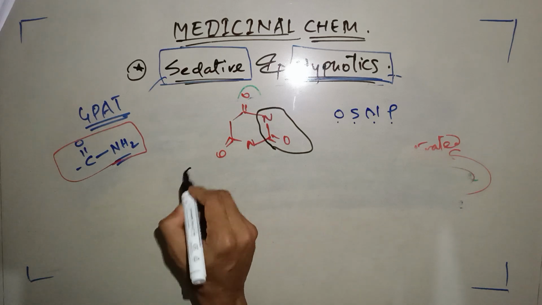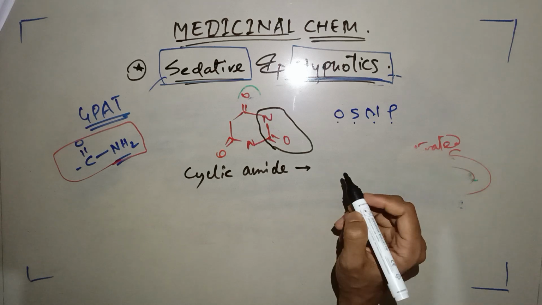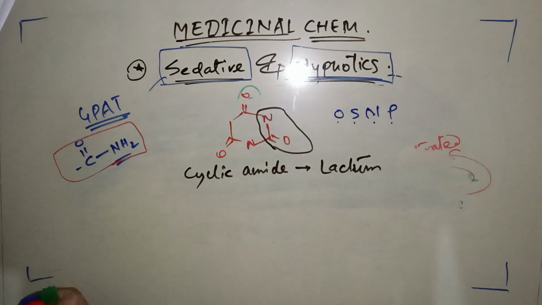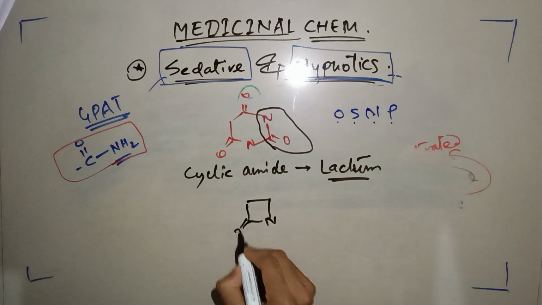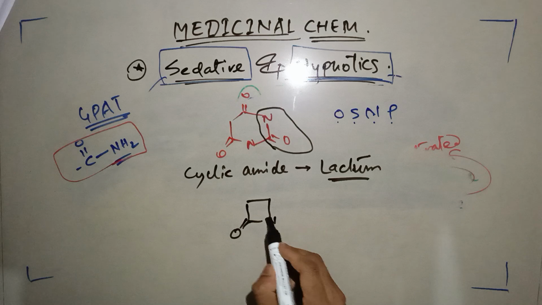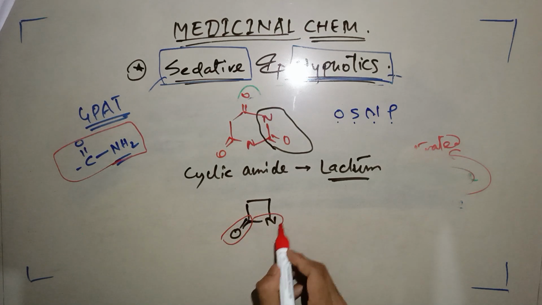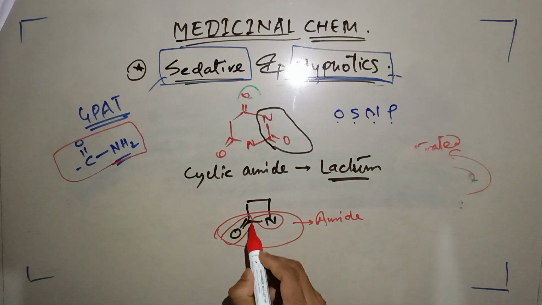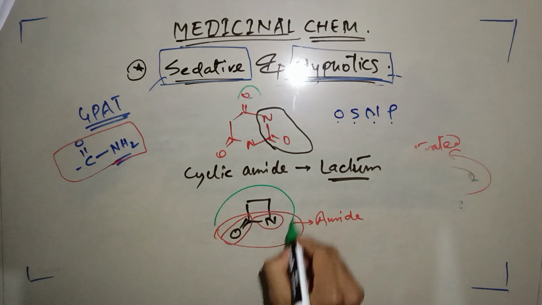And you know, a cyclic amide is also called lactam. If you remember any lactam you studied, you may have studied beta-lactam antibiotics. In this, if you remember, the structure was like this. Nitrogen is present along with C double bond O. So this is an amide group, and the complete structure is a cyclic amide.